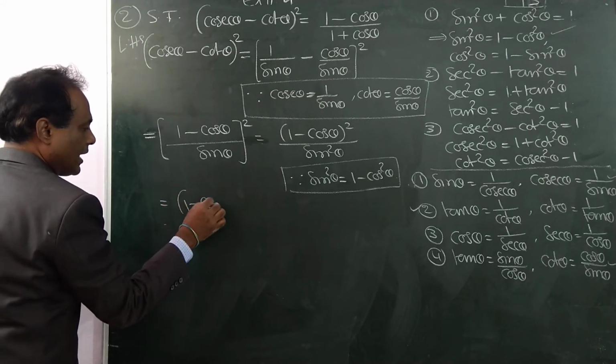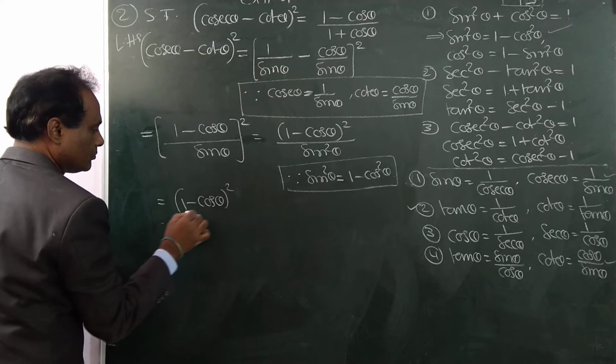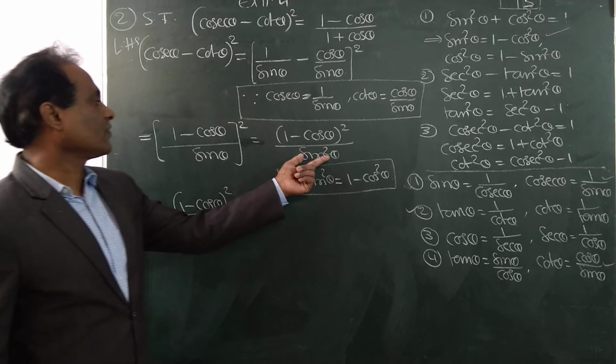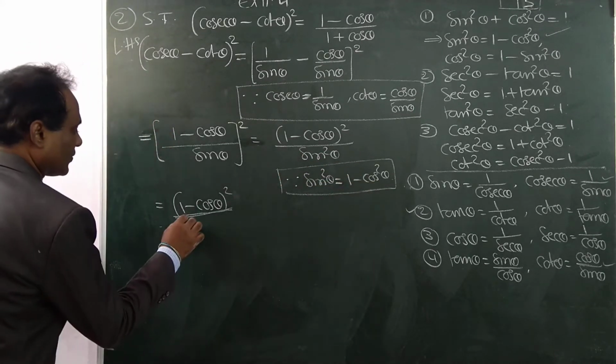The numerator I am writing the same. Sin square is equal to 1 minus cos square.